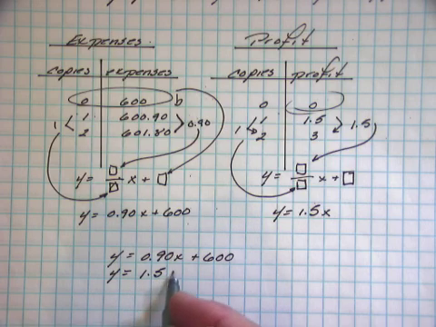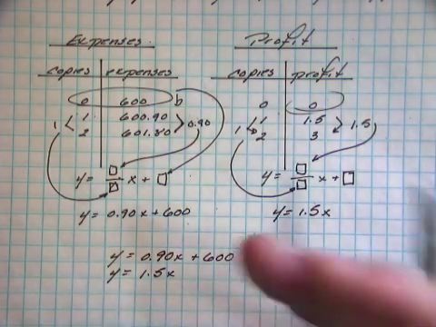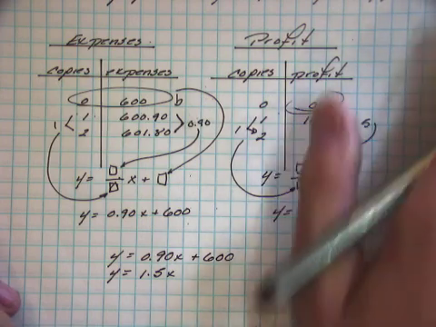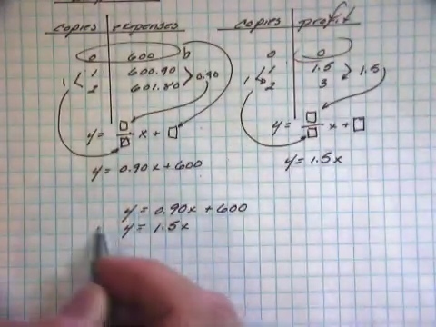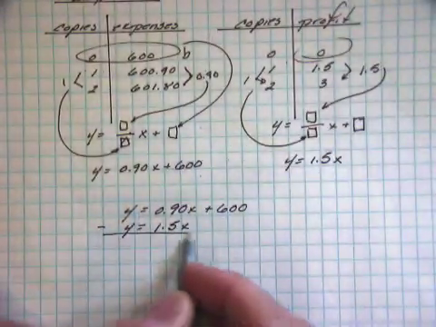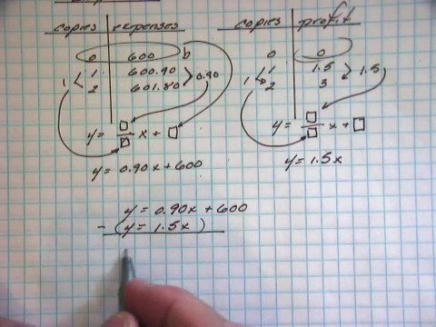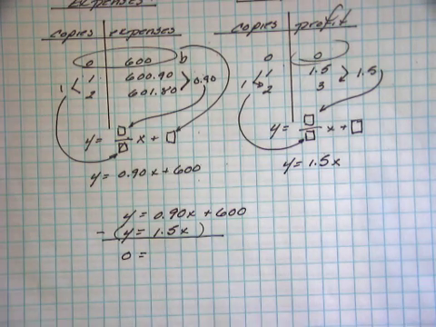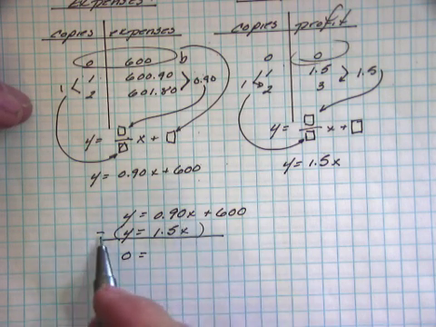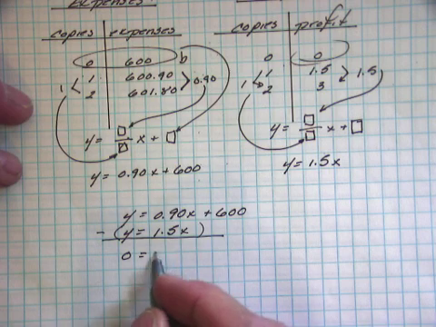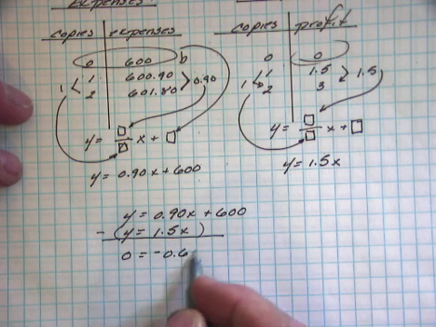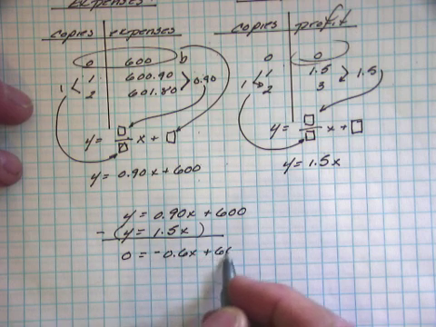So we could do this like this. y equals 0.90x plus 600, and y equals 1.5x plus 0. I could have set these two equal to each other, but I'm going to do elimination. I'm going to subtract these. Watch what happens. When I subtract these, y minus y is 0. See what happened?